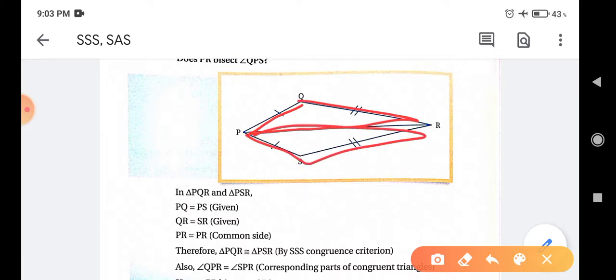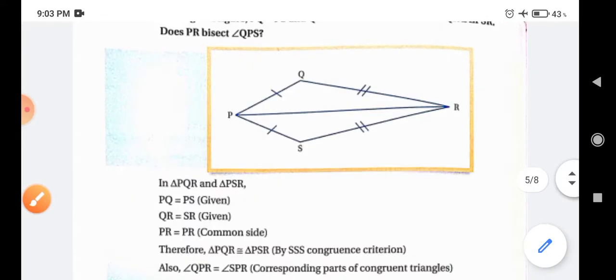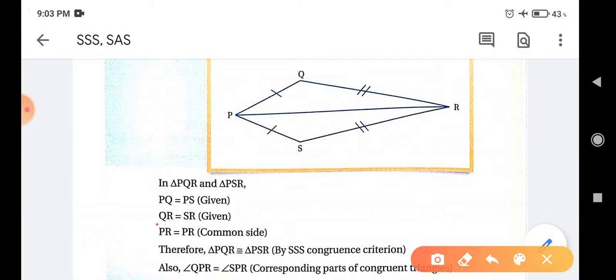We are given that PQ is equal to PS, and QR is equal to SR. The third side is PR, which is common in both triangles. So PR is equal to PR.